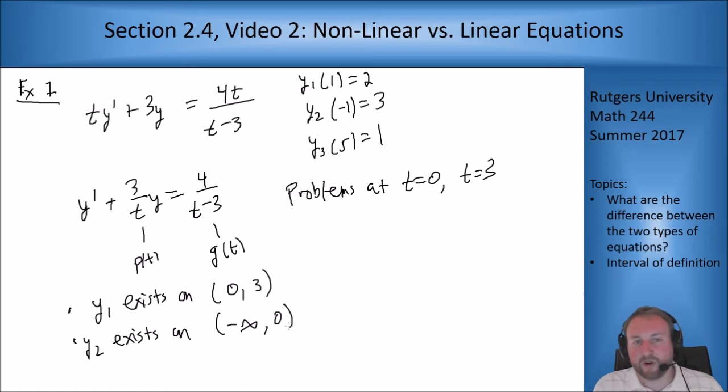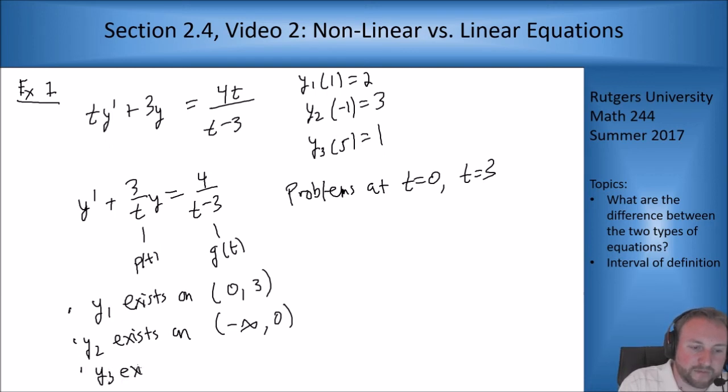We start at minus 1. If we're going left from minus 1, we can go as far as we want. There's no discontinuity points that way, so we can keep all the way to minus infinity and up to 0. And similarly, y3 exists on 3 to infinity by the same logic as before.